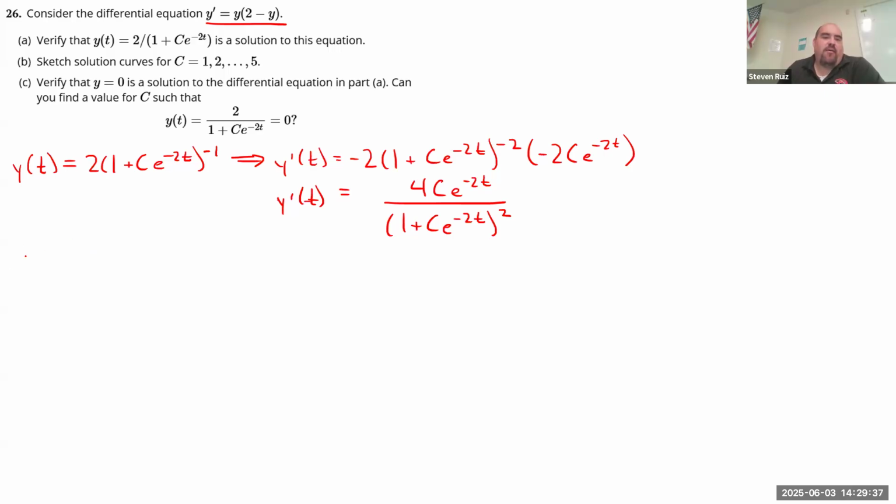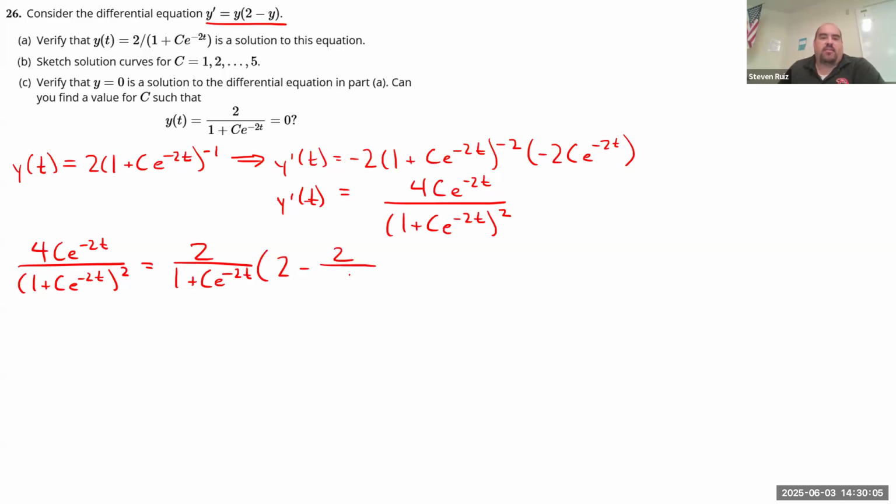So y prime, which is 4c e to the negative 2t over 1 plus c e to the negative 2t, squared, equals y. What is y? 2 over 1 plus c e to the negative 2t times 2 minus y.